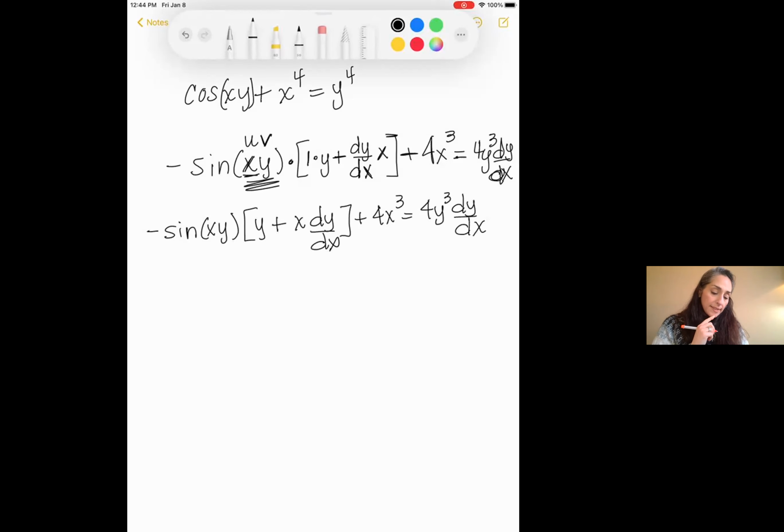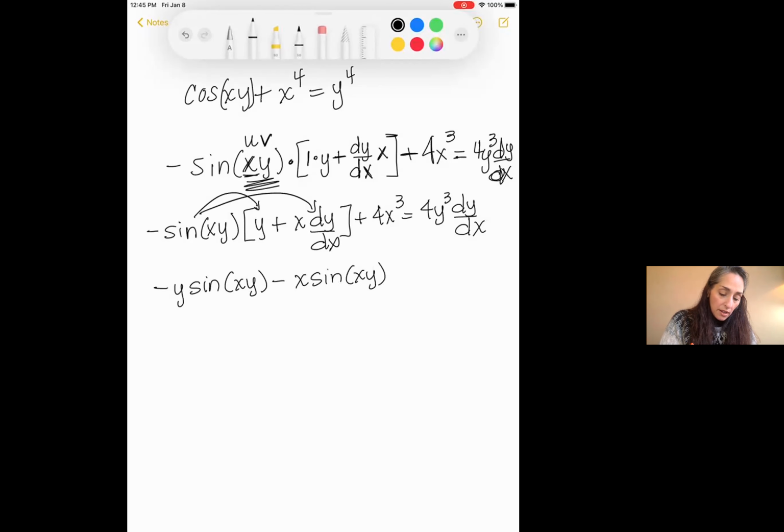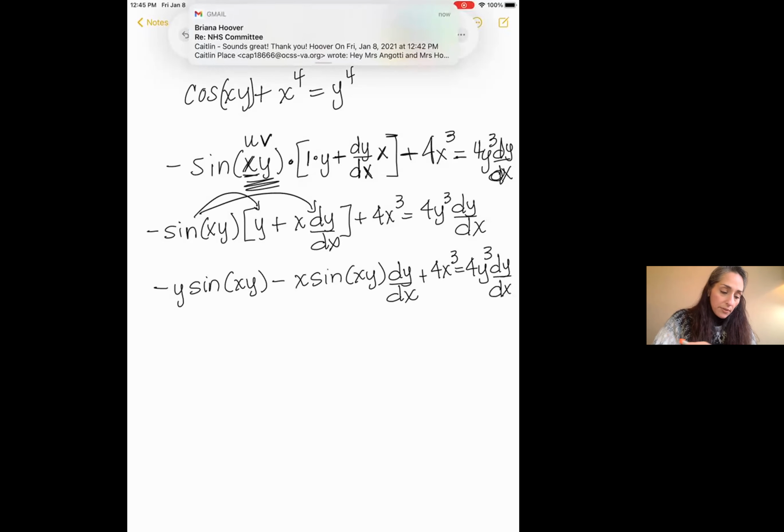Okay, so I would have to distribute this. I'm going to put the y in front. So negative y sine xy minus x sine xy dy over dx plus 4x cubed equals 4y cubed dy over dx.